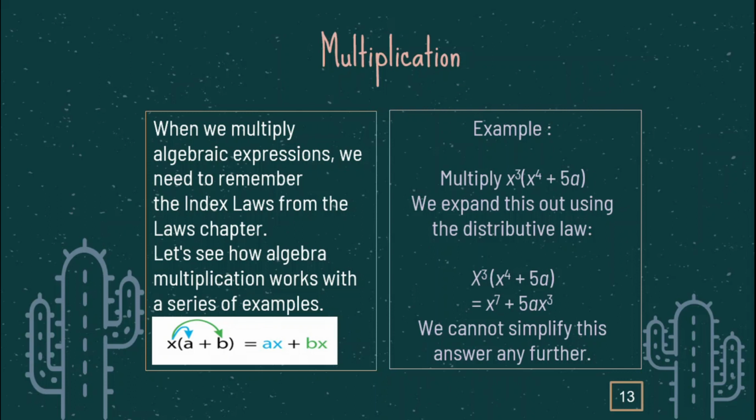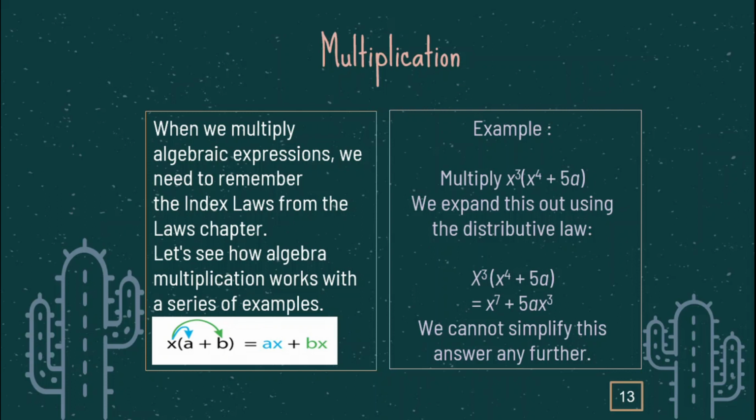We expand this out using the distributive law. x cubed times x to the power of 4, plus x cubed times 5a, equals x to the power of 7 plus 5a x cubed. We can't simplify this answer any further.